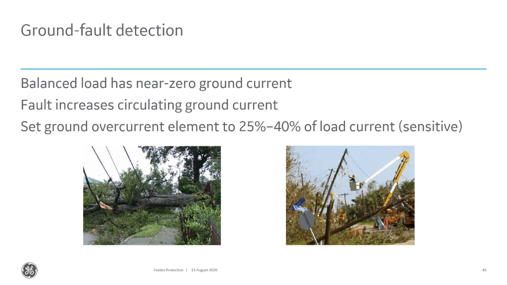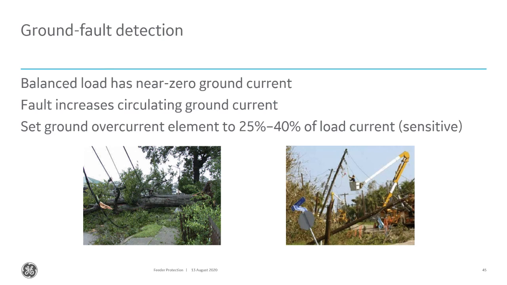Ground fault detection: a balanced load has near zero ground current, but when a fault occurs, there's a high level of fault current. Depending on the power system grounding, which is usually a resistive grounded system, it's going to be some level of the magnitude of your load, and some level of the magnitude of your phase fault current. Now, the beauty of ground overcurrent protection is that I can set it more sensitive than my phase overcurrent.